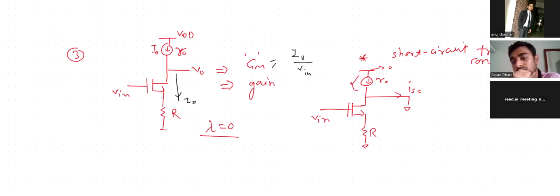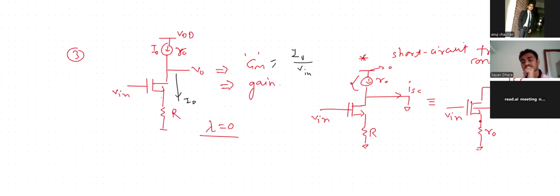So effectively, you have to compute the short circuit current as a function of V in. You can see this is the source, and let's say the body is also at ground.